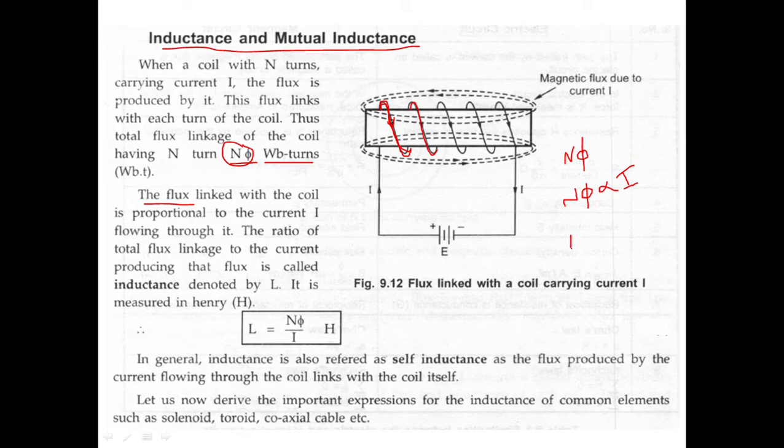That is, inductance is defined as N phi by I. We look at how much current we passed and how much flux linkage it produced. The ratio of those two is called inductance, so L is equal to N phi by I, and the unit is Henry, right? This inductance is called self-inductance because the flux is produced due to the current flowing through the coil itself. It is not the flux produced by current flowing in another coil. So it is called self-inductance.